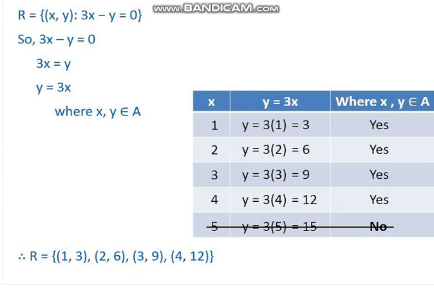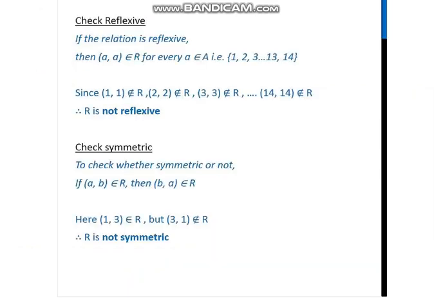Now we will check the reflexivity, symmetricity and transitivity. So let us check reflexive. If the relation is reflexive, we know that (a, a) belongs to R. So here A has 1, 2, 3 up to 14. So if R contains (1, 1), (2, 2), (3, 3), (4, 4) up to (14, 14), total 14 such ordered pairs in which x is equal to y, then only we can say that it is reflexive.